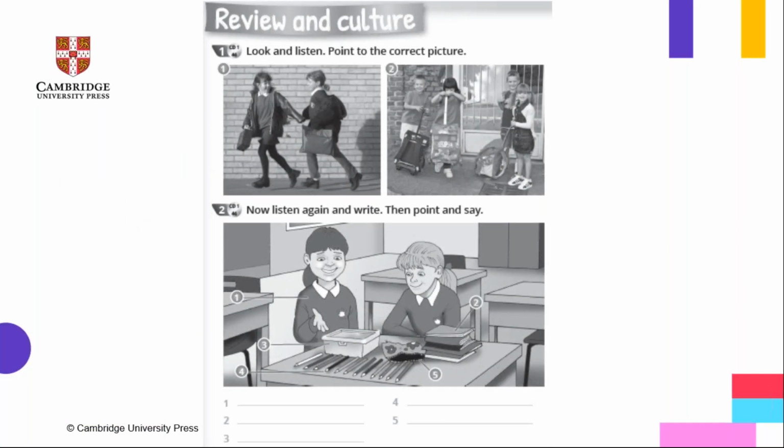Here, in a review section for the second form, students can also evaluate their listening abilities and see how well they understand English.